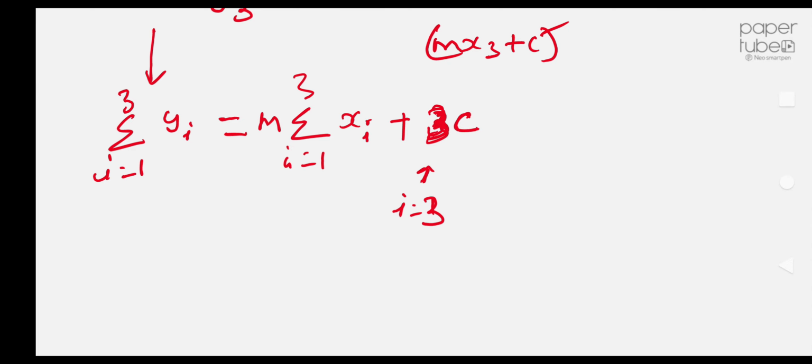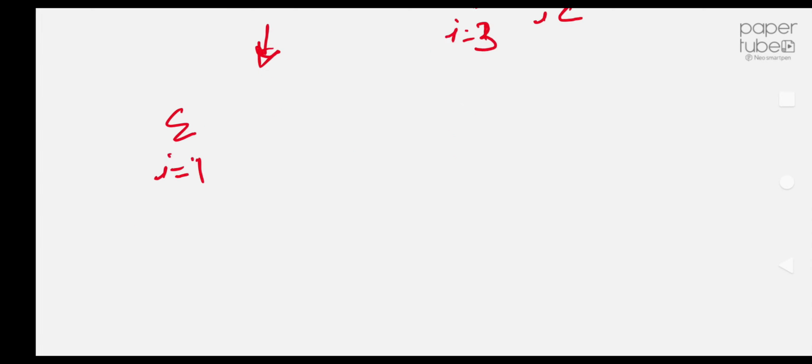If we have i number of experiments, this last term will be equal to ic. So in a general format, this will be summation i equals 1 to 3 of y of i equal to m summation i equals 1 to 3 of x of i plus i times c.